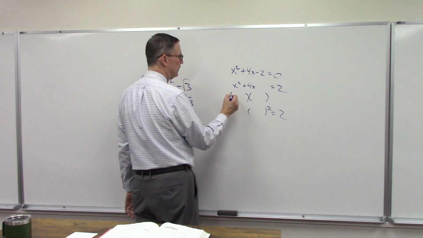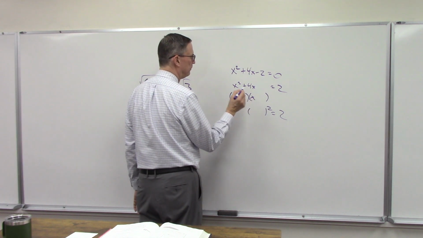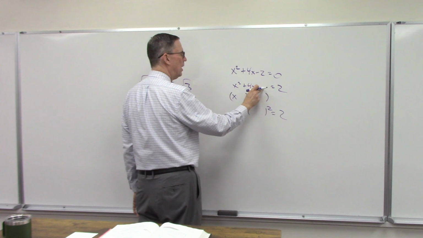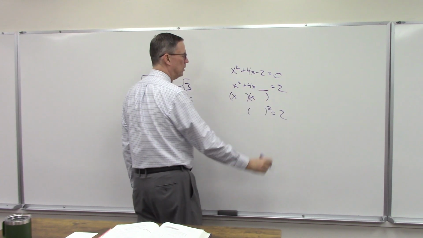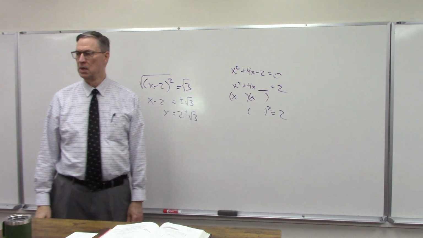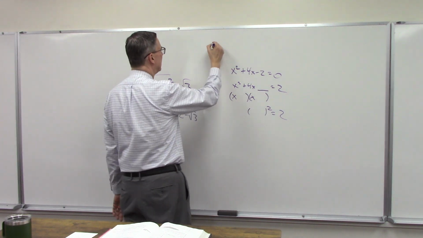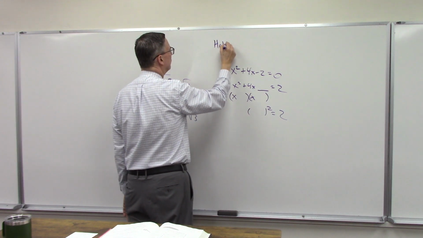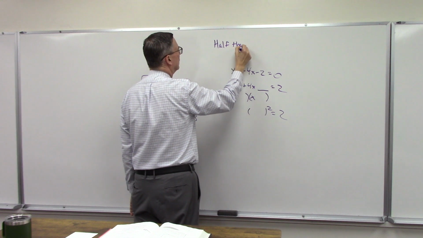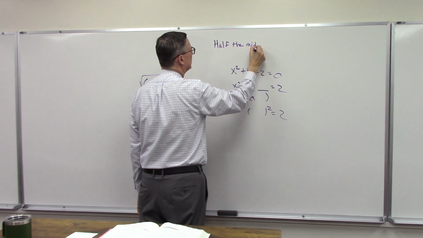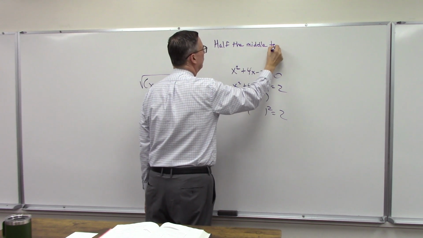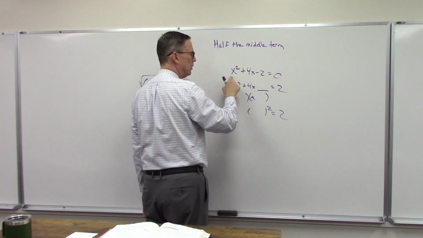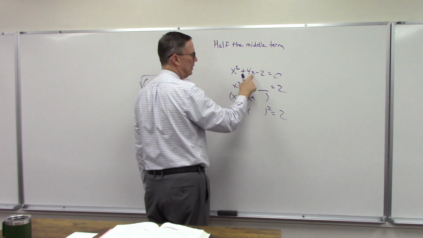Well, I know that this first term has to be x, but I need to figure out what this last term is going to be. So the rule is we take half, I always call it the middle term, because in the original equation it was whatever's in front of the x.